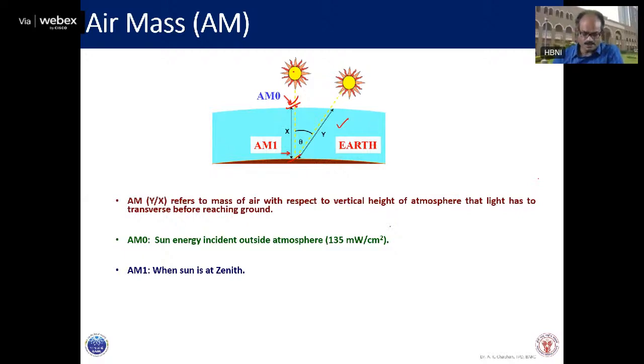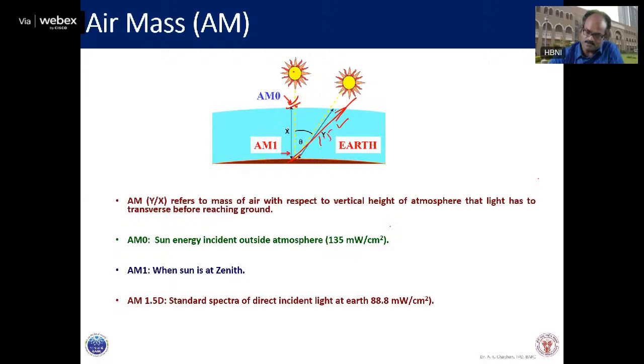So this will be called AM1, and normally the standard is AM 1.5. That means the distance traveled by radiation is 1.5 times the minimum distance.